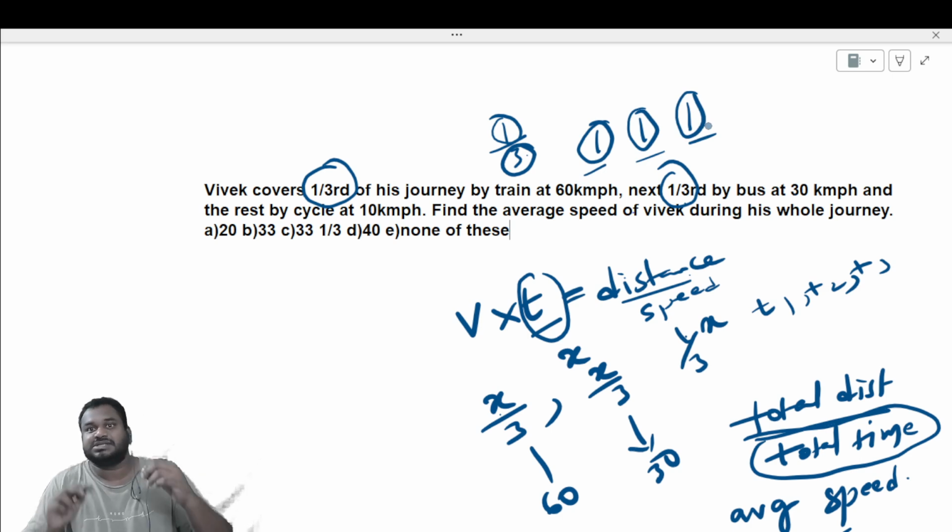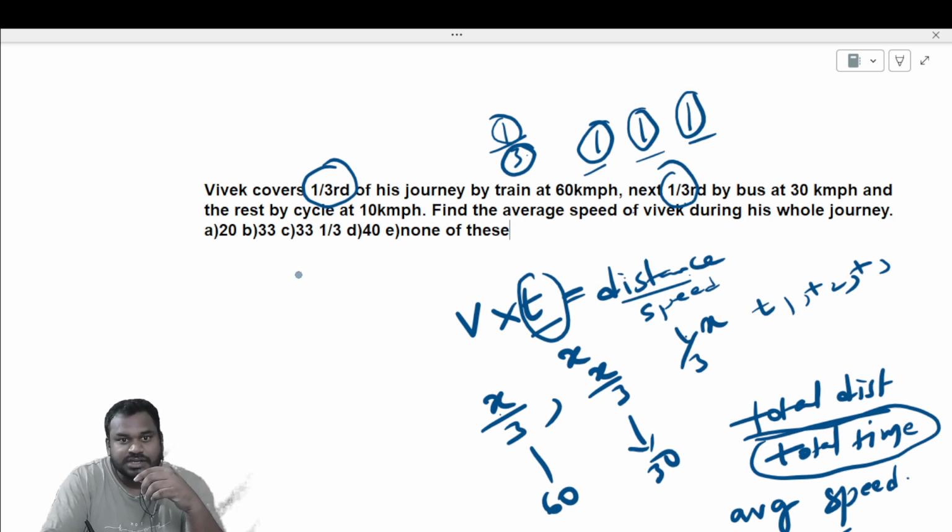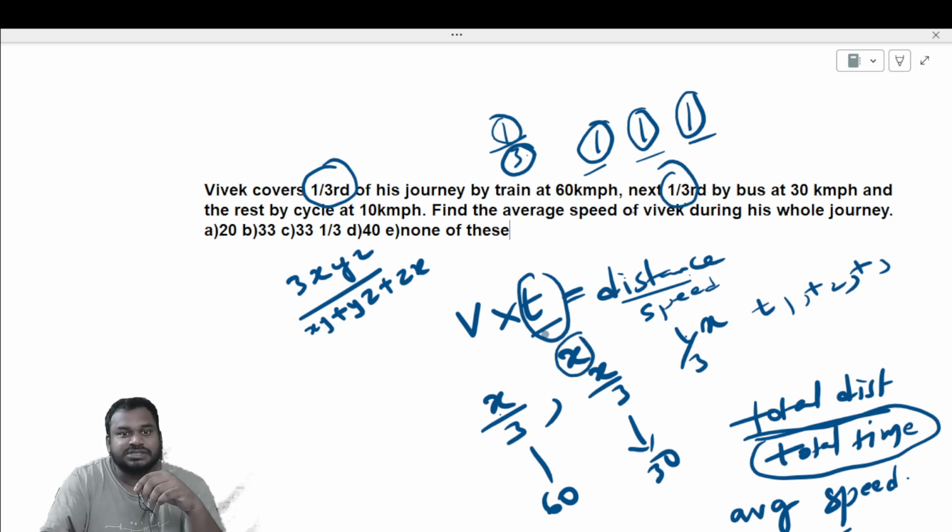If equal distances are covered with different speeds, 3 categories are there, then the formula is 3xyz by xy plus yz plus zx. Don't think about this x, that is different.